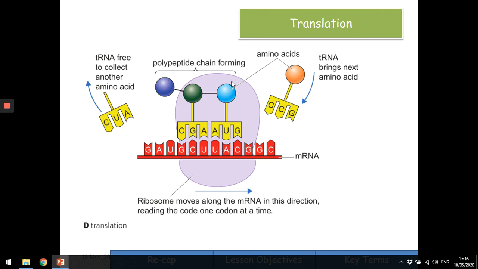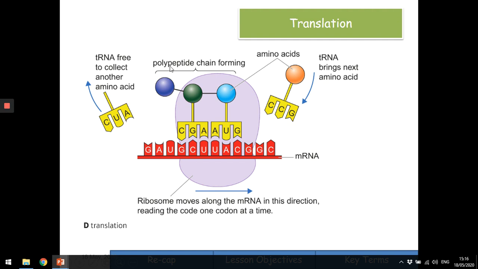Then again, we get another tRNA coming in with its anticodon and its amino acid. Eventually, once these are bound together, they leave again to collect more amino acids, and we'll be left with a big long chain of amino acids that we call a polypeptide chain.